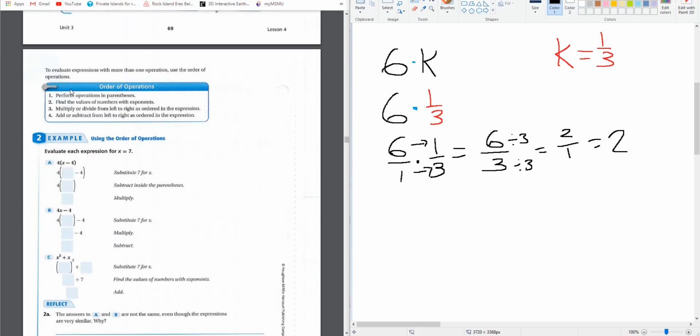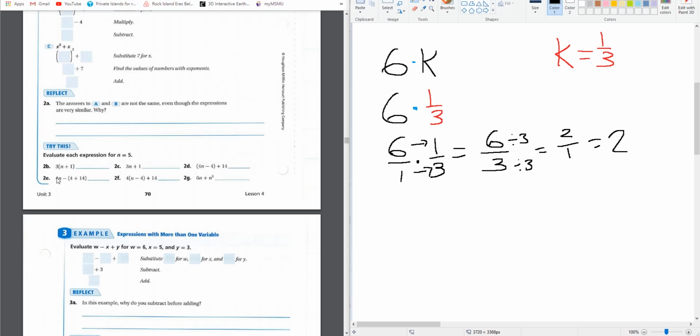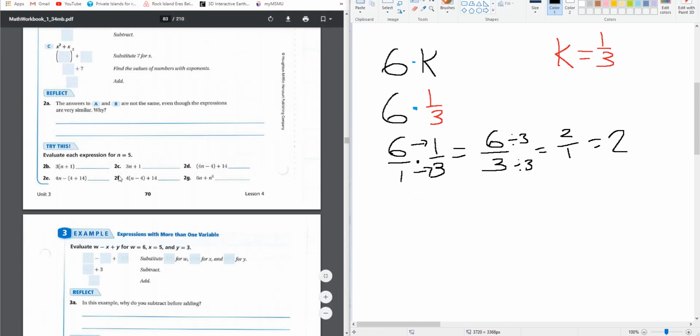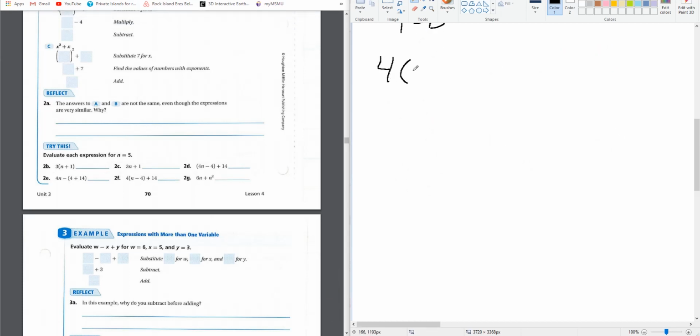You always want to do things in the order of operations. So if you have to do multiple things at once, just remember, if you follow your PEMDAS, you'll be fine. For example, let's look at this one right here. This one looks decently hard. Actually, this one looks harder. So 2f. So we have 4 parenthesis n minus 4 plus 14.